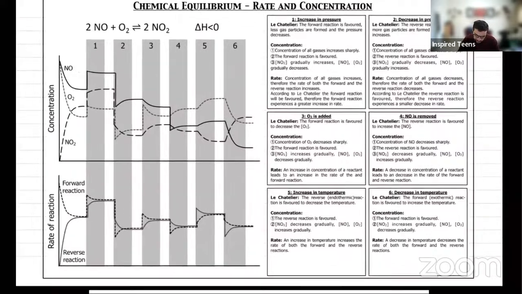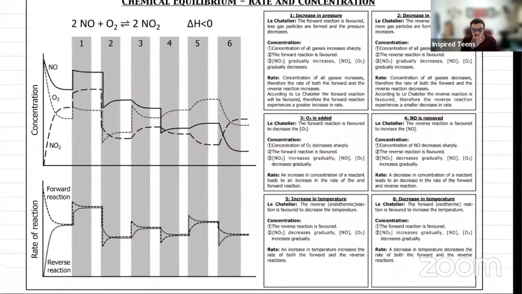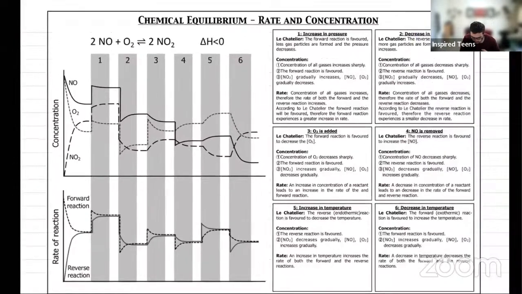And this is for another chemical reaction, with all the different possibilities. You can go through that with explanations on each one, concentration, explaining what happens on each graph. It's a really nice summary to recap what happens each time.